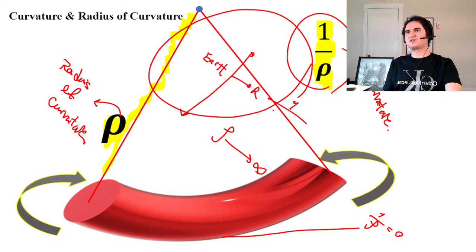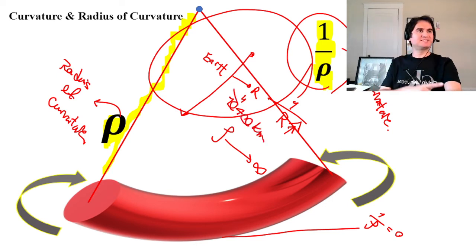That's why when it comes to the curvature, 1 over r, r is a huge number. If I'm not wrong, that's about 10,000 kilometers.